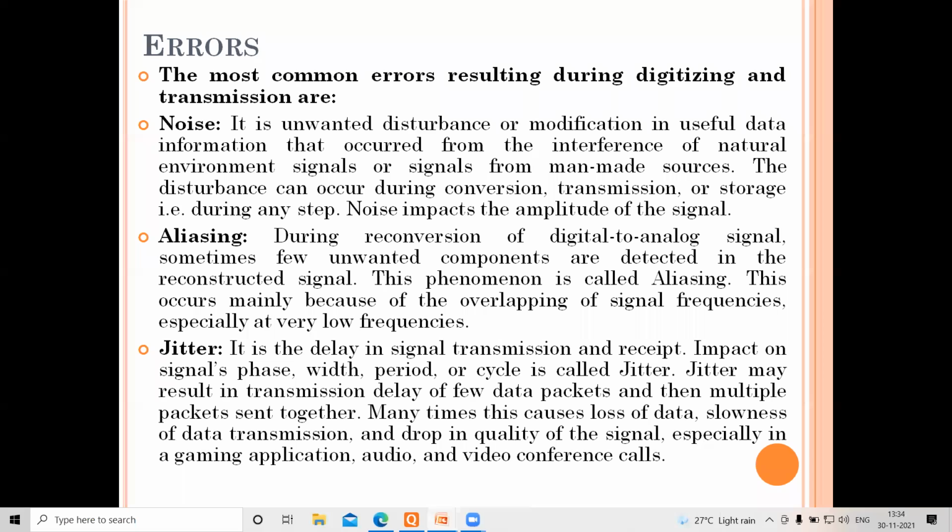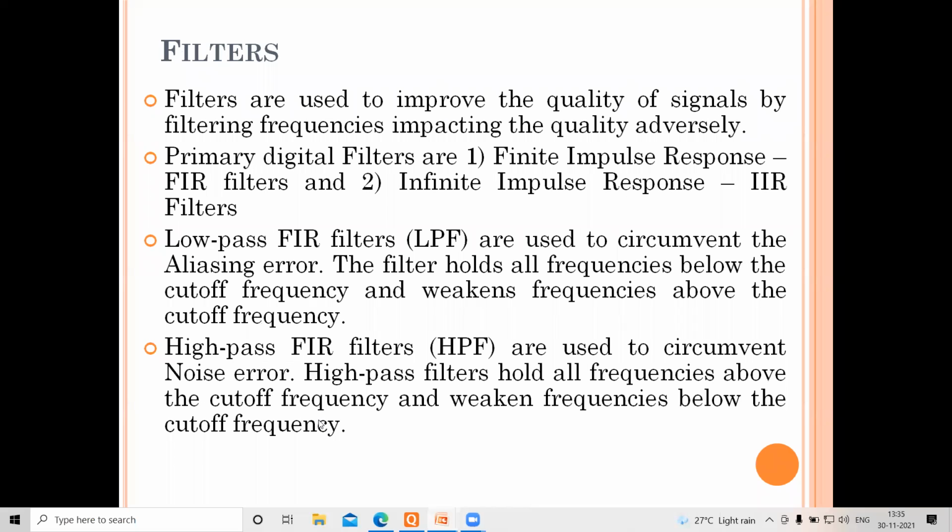It impacts your signal's phase, width, period, or cycle. It may result in a transmission delay of a few packets, then multiple packets sent together. You are not able to send them properly, they are all pushed at the same time, and it becomes a problem.